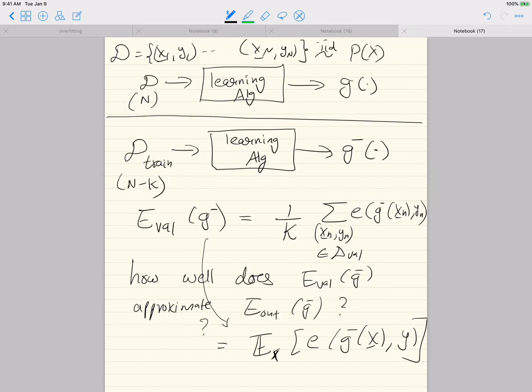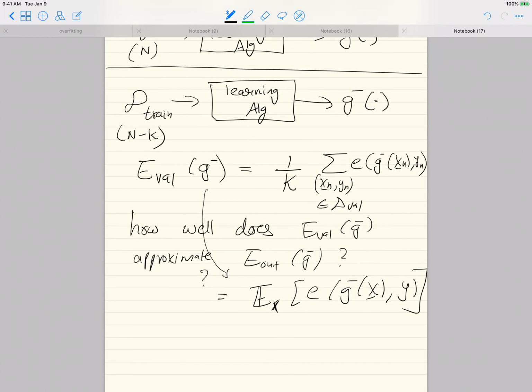So k might be like 5, then you're averaging over 5 random points, whereas E out is a deterministic quantity once G minus is fixed. And so what was said is if k is infinite, then the two will be the same. This is true. Eval of G minus will converge to E out of G minus as k goes to infinity.